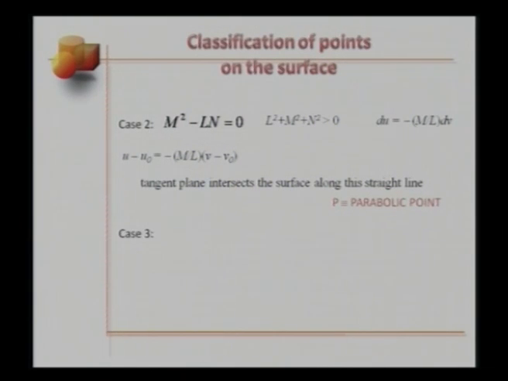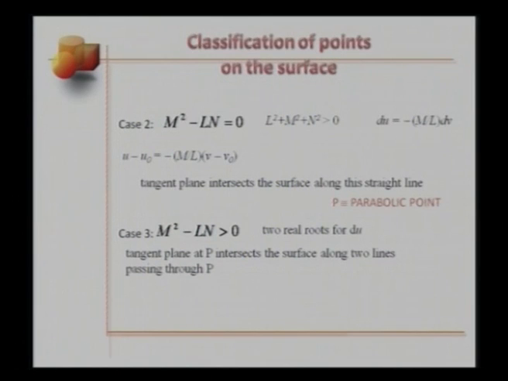Case 3. We have m squared minus ln strictly greater than 0. We'll have two real roots for du, and so the tangent plane at point P will intersect the surface patch along two lines passing through P. So we are talking about hyperbolic points here.